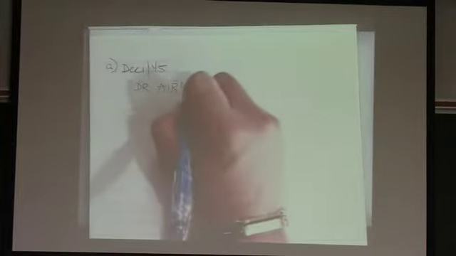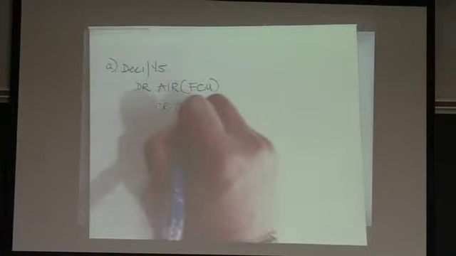So we're asked to do journal entries. So the first journal entry is we're going to record the actual sale. So this is December 1st, year 5. We're going to debit accounts receivable, and I'm going to put the word foreign currency unit and credit sales.